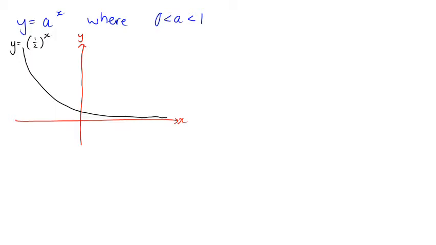You can also write 1/2 to the x as 2 to the negative x, because 2 to the negative x puts the 2 to the power of x underneath the 1. It's the same as if you have the x on the outside of the bracket.